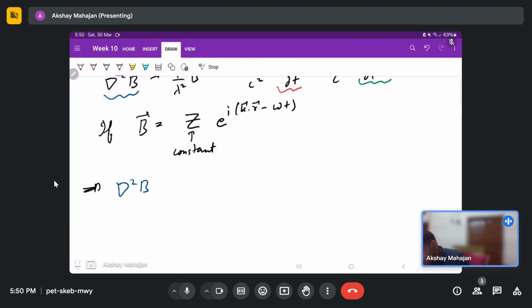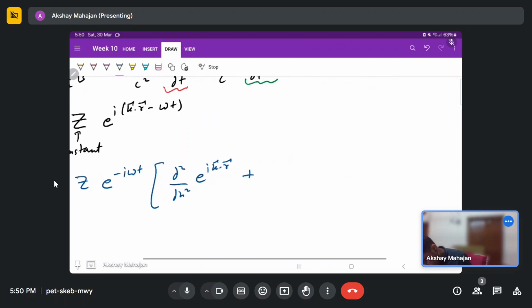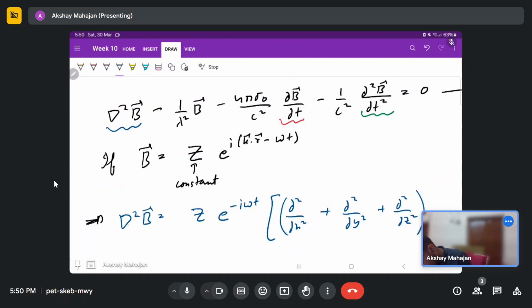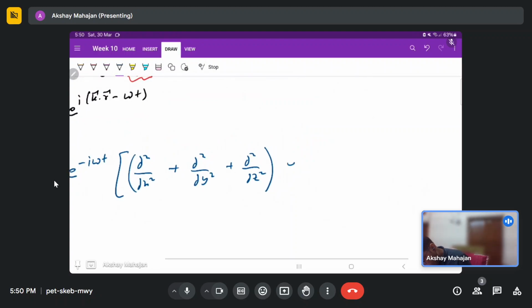First we find del square B. If we have to do del square, we will have the constant z, e to the power minus iota omega t, and then del square is del square by del x square plus del square by del y square plus del square by del z square, acting on e to the power iota k vector dot r vector, which becomes kx x plus ky y plus kz z.